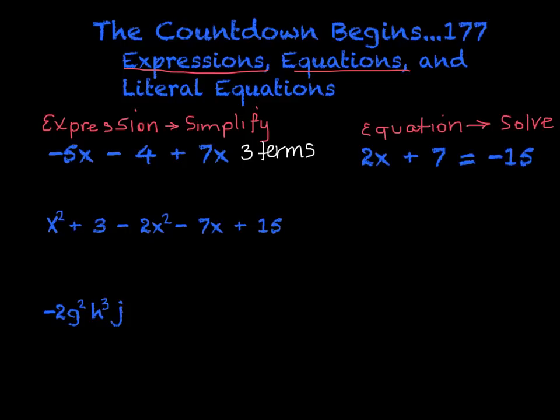In the next example, I have 1, 2, 3, 4, 5 terms. And in this last example, there are no addition or subtraction breaking this up, so this would just be one term.